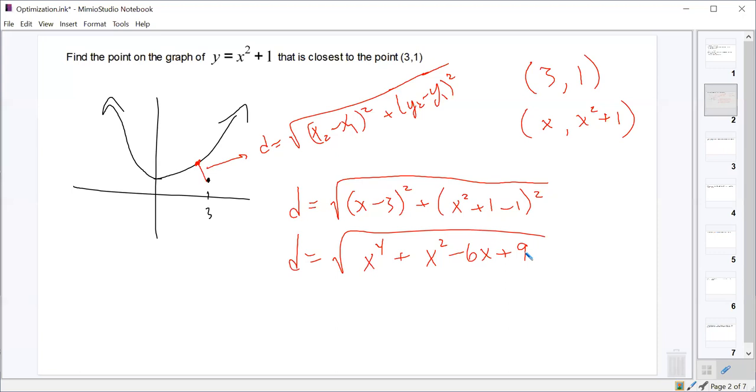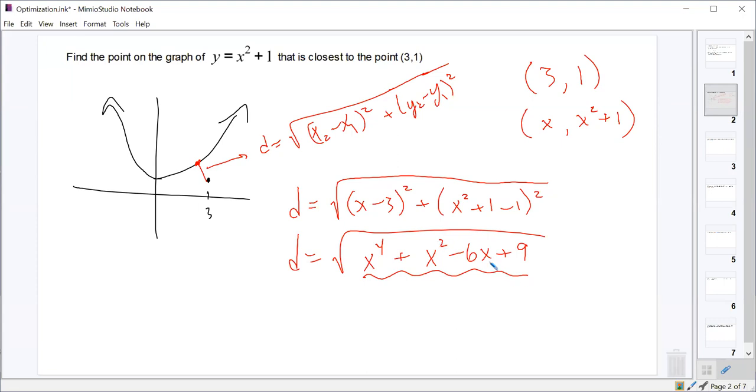Now, there's one thing that you can do, which is often very convenient with equations that are square roots: the x value at which the square root of something is at a minimum or a maximum is the same x value as when just that thing inside of it is at a minimum or maximum.